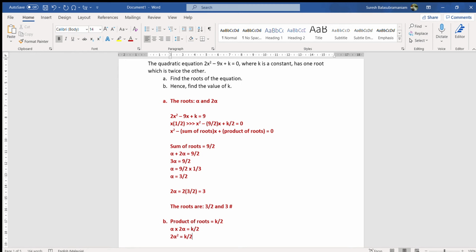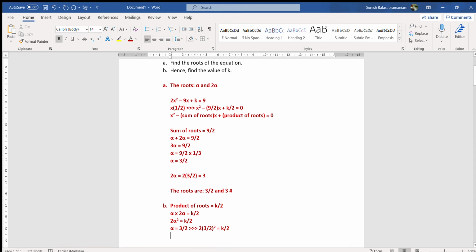And we know from question A, alpha is 3 over 2. So replace that into the equation above. You get 2 alpha squared, or 2 times 3 over 2 squared, equals k over 2.